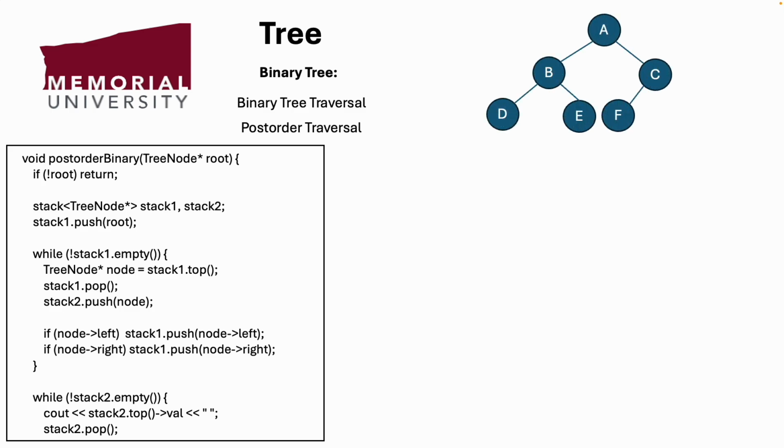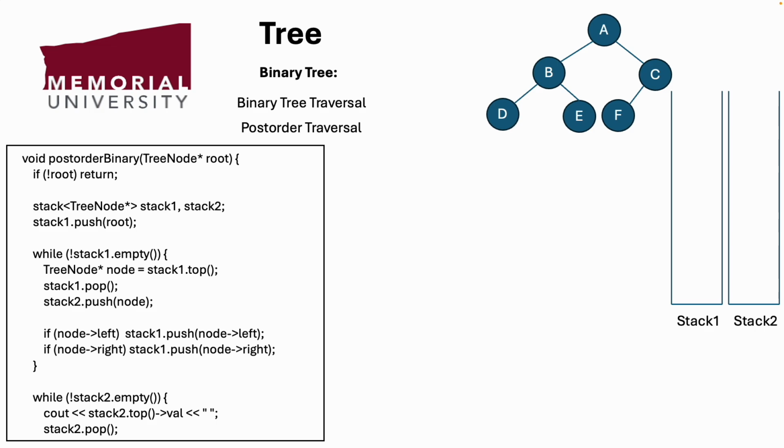Okay, same tree. We declare stack 1 and stack 2, 2 stacks. For stack 1, we push the root. The root is node A. So stack 1 will not be empty.